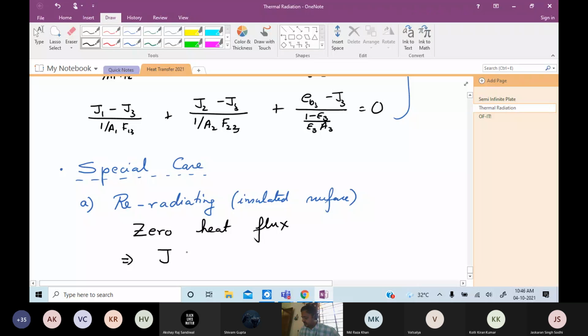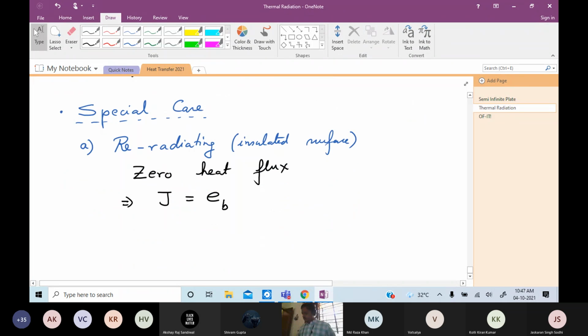And J is therefore equal to EB. Okay. So this is called a re-radiating surface. Note that 1 minus epsilon over epsilon A is not necessarily equal to 0.